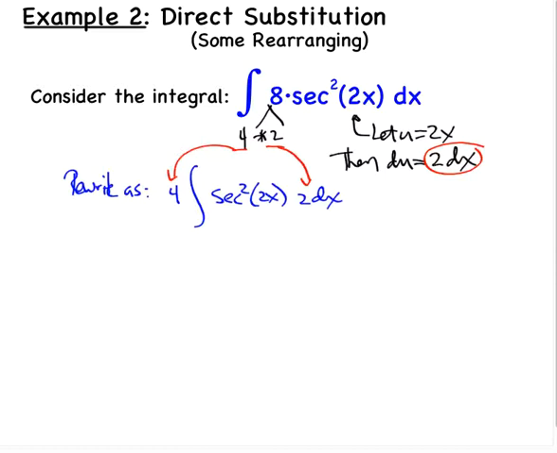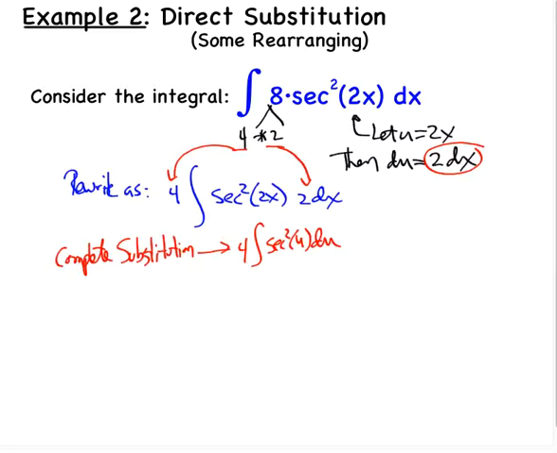Now I can complete the u substitution. And we see that the 2x has been replaced with u, the 2dx has been replaced with du. Now this matches a simple antiderivative rule.